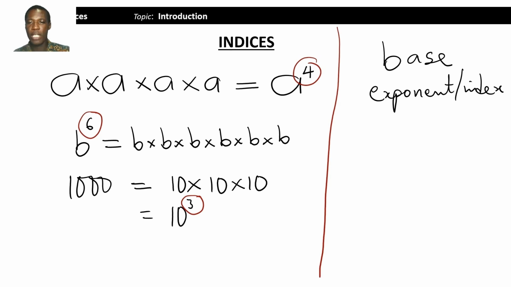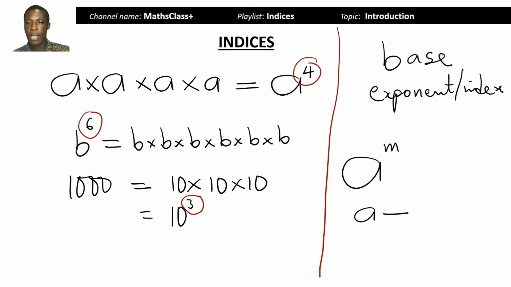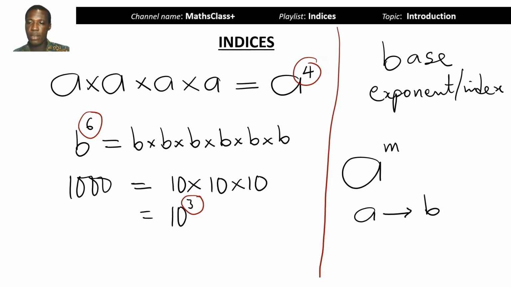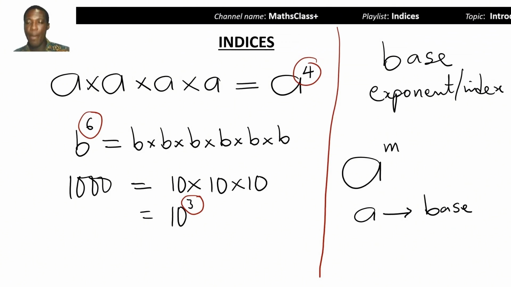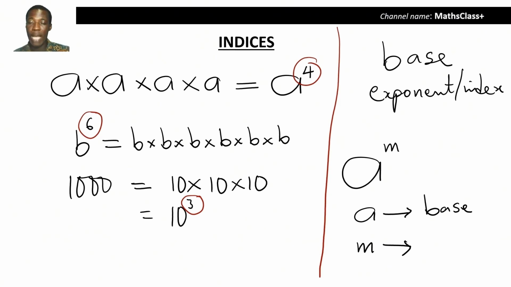So if I have a term or an expression a to the power m, then a is the base. That is the actual number we are talking about. And then m shows us the number of times a is multiplying itself, and m is the exponent.